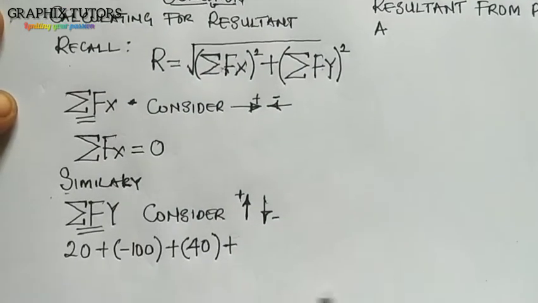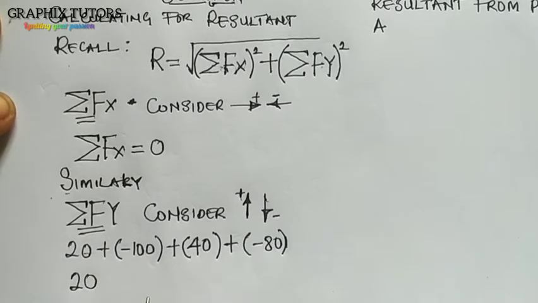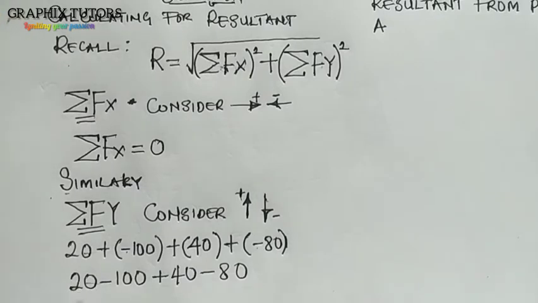Now from here we'll have it this way: 20, minus times plus to give you minus, so we have 100, plus 40, minus times plus will give you minus 80. Now using your calculator, by adding all this together, we're having our answer to be what?